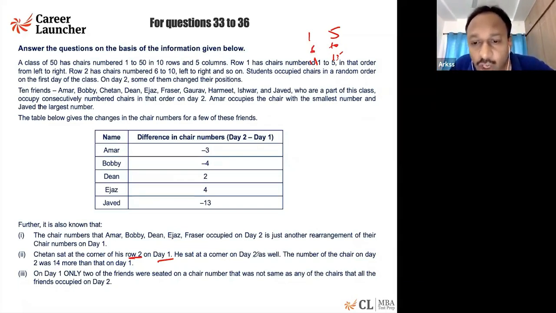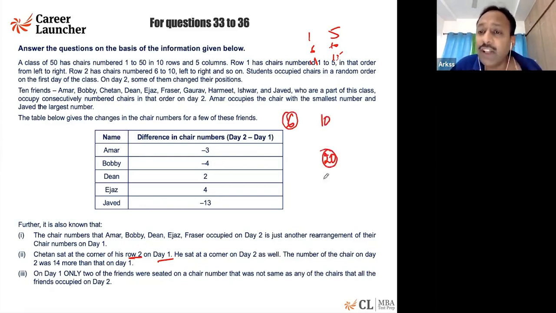He sat at a corner on day 2 as well. The number of chair on day 2 was 14 more than that on day 1. So if it is 6, it will be 20. Clearly this and this are corners. If 10 is the corner, 10 plus 14 is 24. 24 is not a corner. Hence the answer has to be 6 and 20.